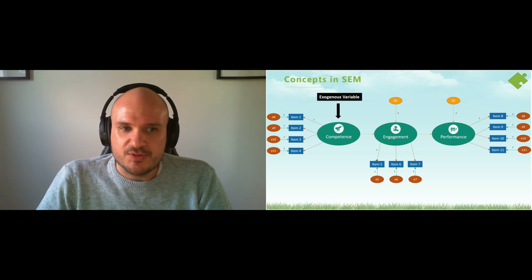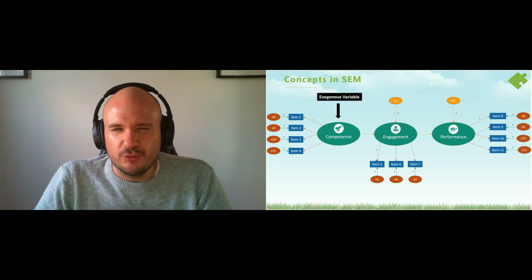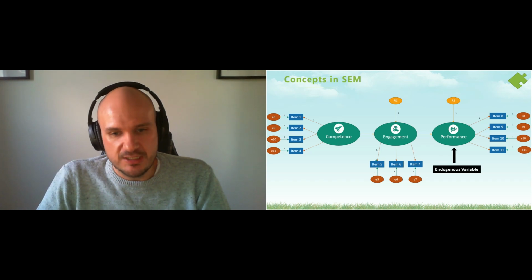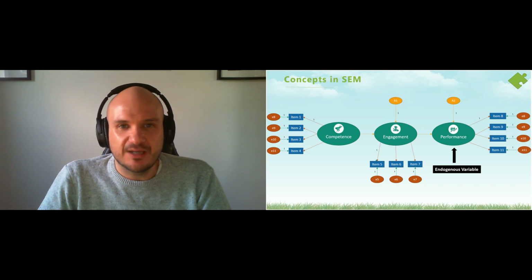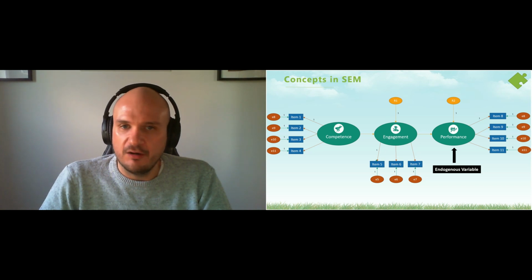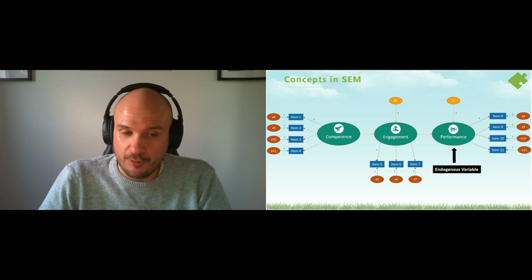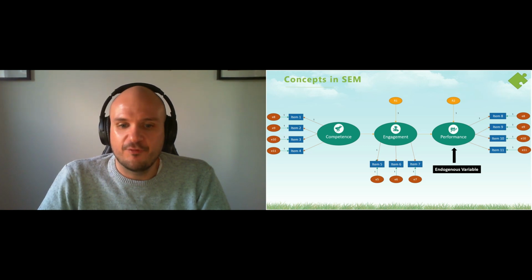Our exogenous factors are basically equivalent to independent variables in the GLM method. Our endogenous factors are the outcomes that we have to predict. So competence would be an endo, engagement would be an exo for that, and performance would be an exogenous variable.